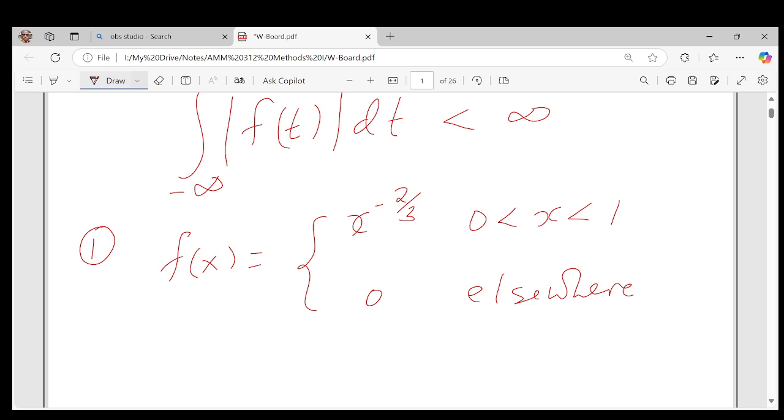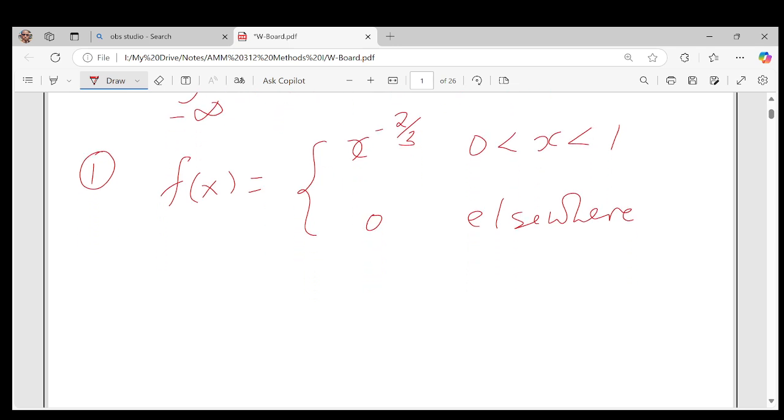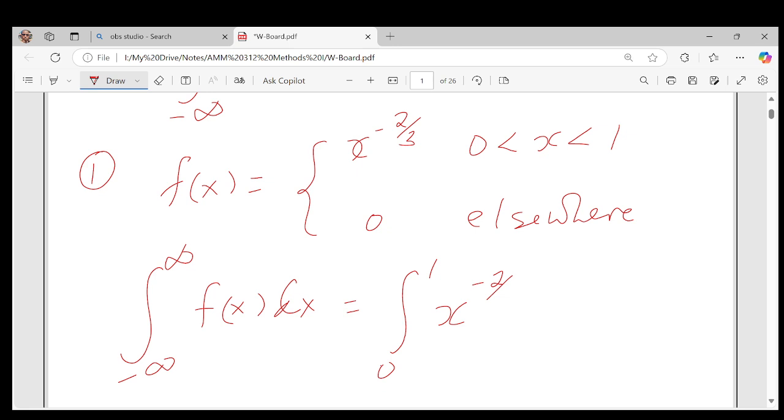To verify this, we can simply work out the integral from negative infinity to infinity of f of x dx. In this case, we have the integral from 0 to 1 of x raised to the power minus 2/3 dx. Remember, this function is 0 at all other points except between 0 and 1.